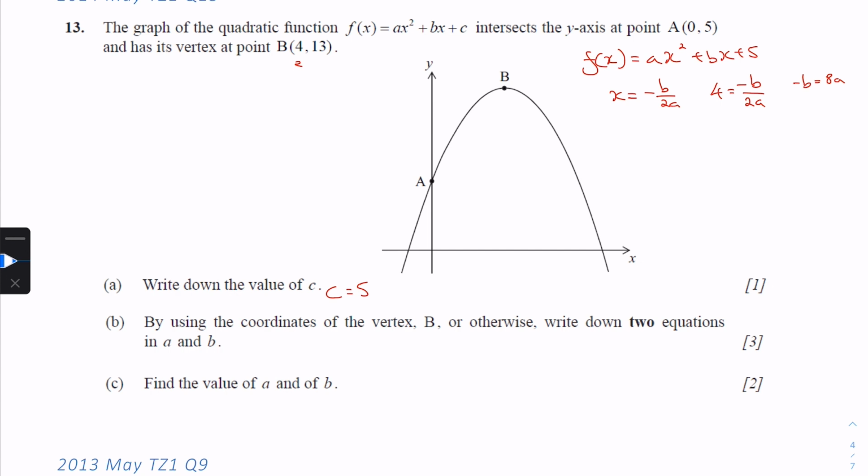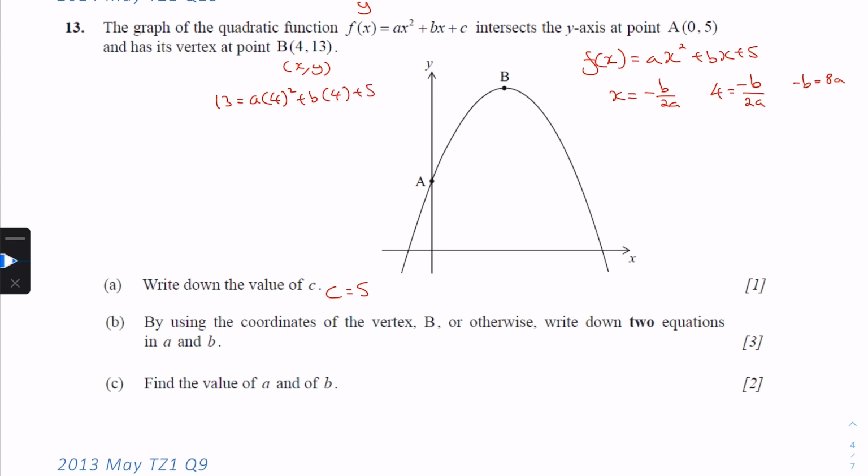Now, it says you want to write down 2 equations. So how do I get 2 equations? Well, remember, this is the x and y coordinate. You can plug it back in. This is what y is. So 13 is equal to a times 4 squared plus b times 4, and then plus c, because we know what that is.